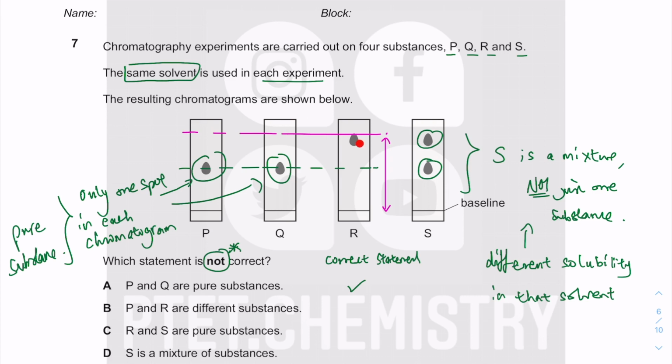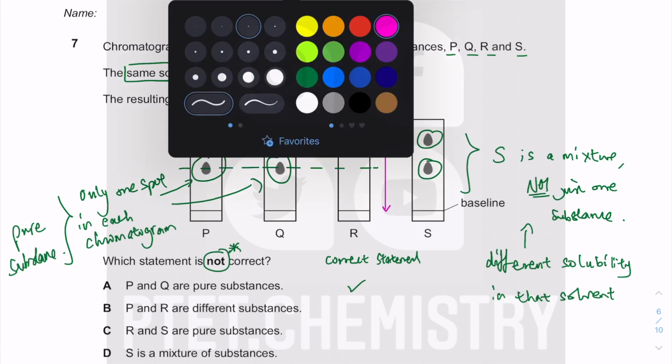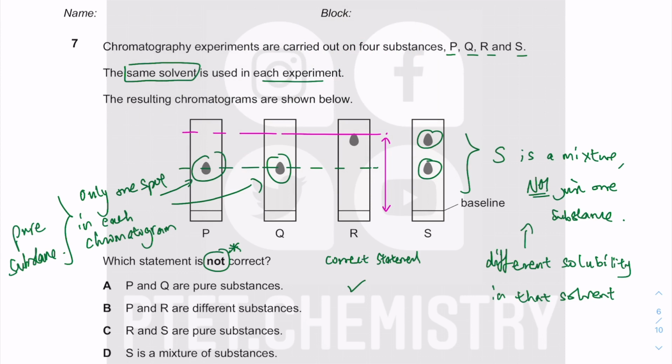This is how far the spot has moved. You need to divide it by how far the solvent has moved, but you can see different distances have been moved from here to here. Okay, I better redraw my arrow like that. So there are different substances, so A and B are not what we are looking for.